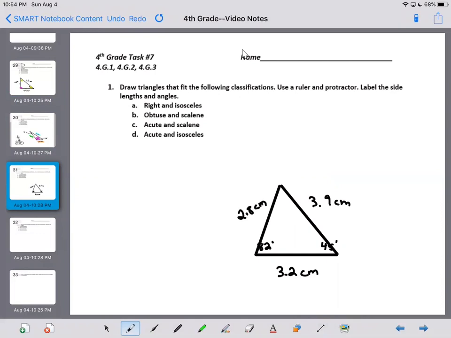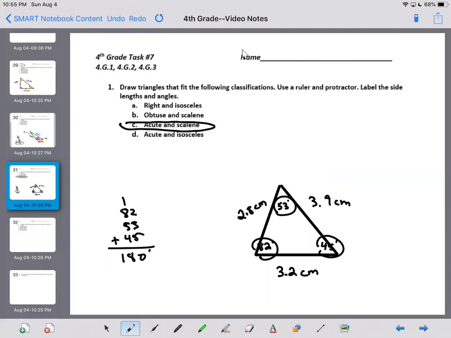So on the third one here, I want an acute scalene. Well, this should be 53 degrees. Here has 45 degrees, and here you have the 82. So 82, 53, and 45 gives you the 180.